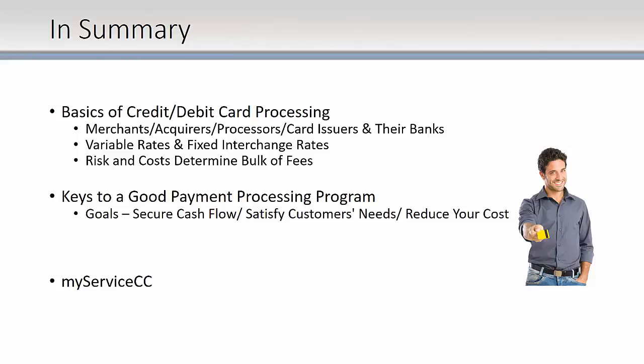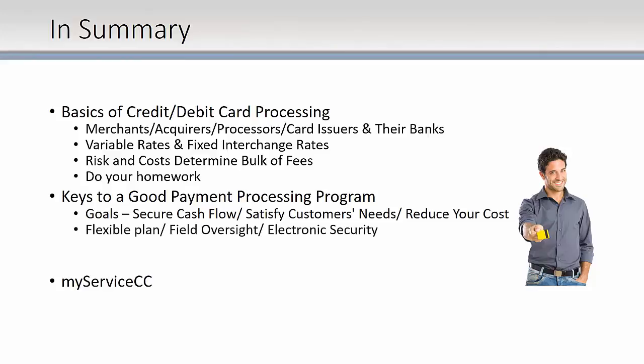We then talked about implementing a plan for processing payments with the goals of securing your cash flow, satisfying customers' need for flexibility, and reducing your overall costs of collections. The core components of the plan need to have payment flexibility, field oversight of invoicing, and electronic security for you and your customers.